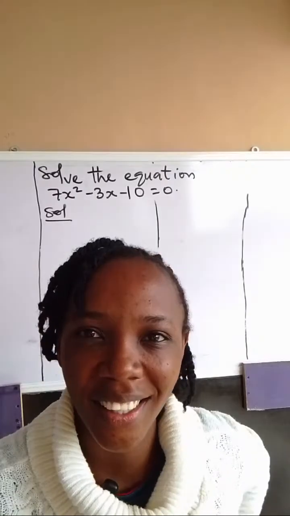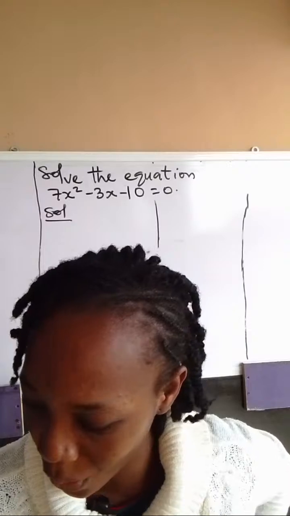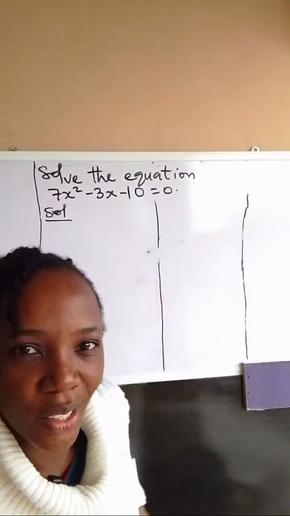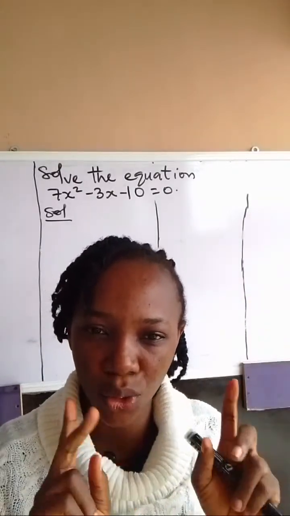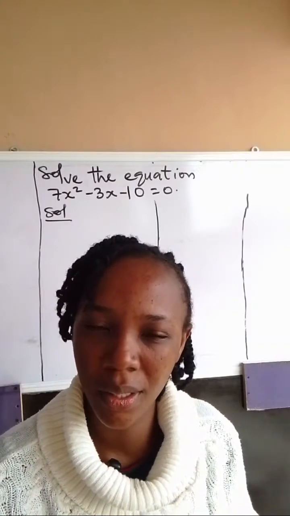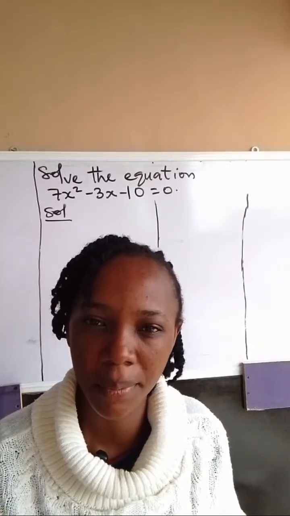What are your two answers? Just give me your two answers. In a quadratic equation, you are supposed to have two answers, one positive and the other negative, or sometimes the reverse.